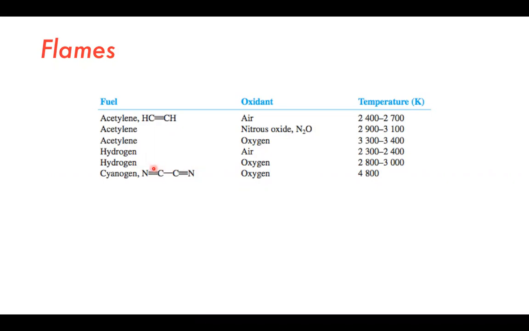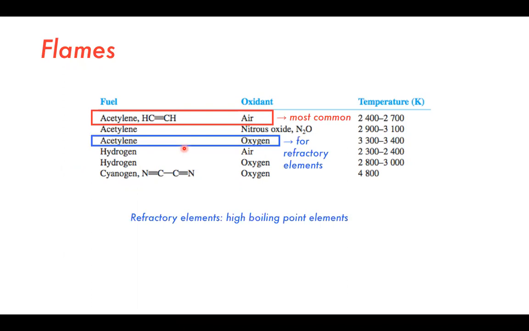Hydrogen-oxygen, and then cyanogen and oxygen, give us the highest temperatures possible with these traditional AAS and atomic spectroscopy instruments. The common one is acetylene-air. Air is pretty cheap, you just get compressed air and mix it with acetylene. You can even just use an air compressor if you have one. And then acetylene-oxygen is for refractory elements.